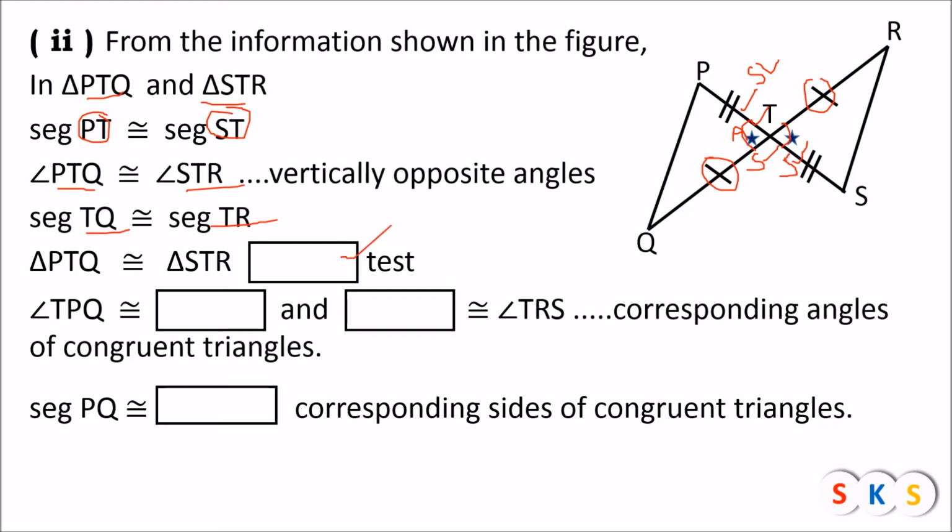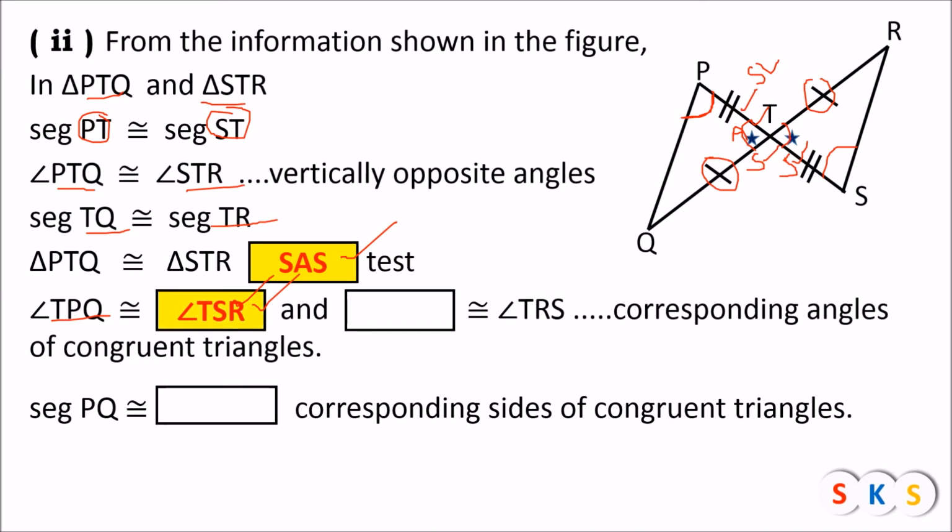Now look here, angle TPQ. Where is angle TPQ? This angle. Angle TPQ is congruent to which angle? Angle TPQ is congruent to angle TSR.